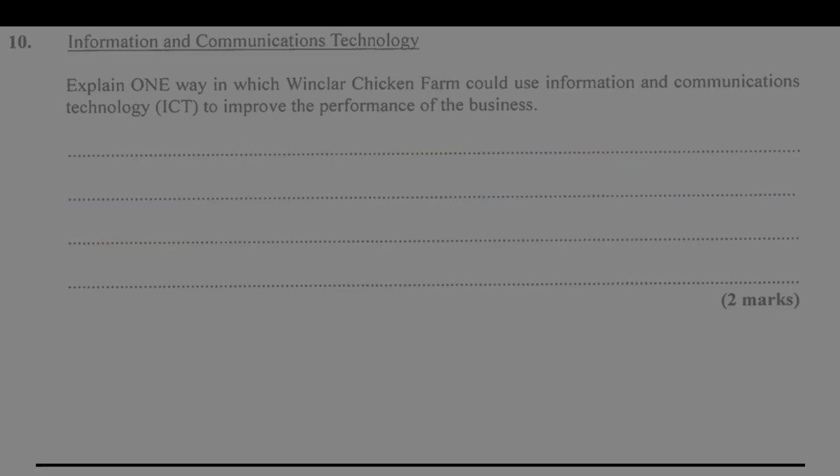Number 10, information and communications technology. Explain one way in which Winkler Chicken Farm could use information and communications technology, ICT, to improve the performance of the business. So they just want one way in which Winkler Farms can use technology to improve the performance of the business.